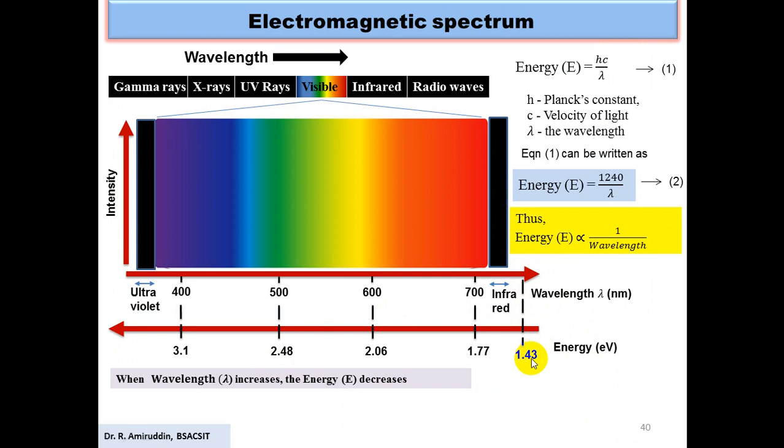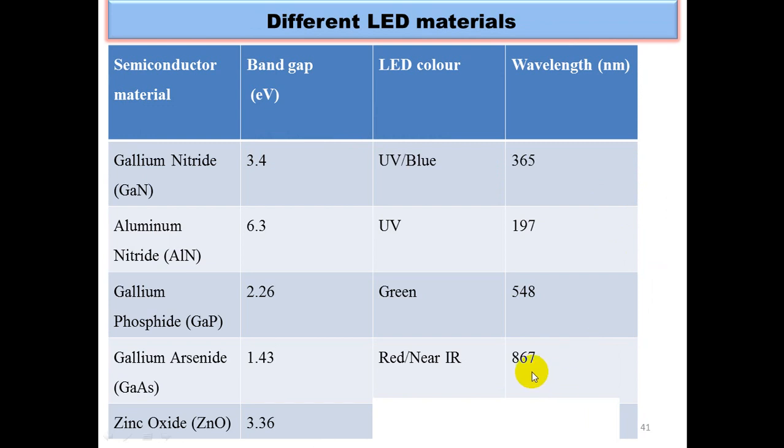So let us substitute this 1.43 in equation number 2. 1240 divided by 1.43, the lambda is given as 867 nanometer, and that corresponds to red or near IR region LEDs. So if we fabricate PN junction LEDs using P-type and N-type gallium arsenide with a band gap of 1.43, it emits 867 nanometer wavelength, or the color of the light is near IR emission.